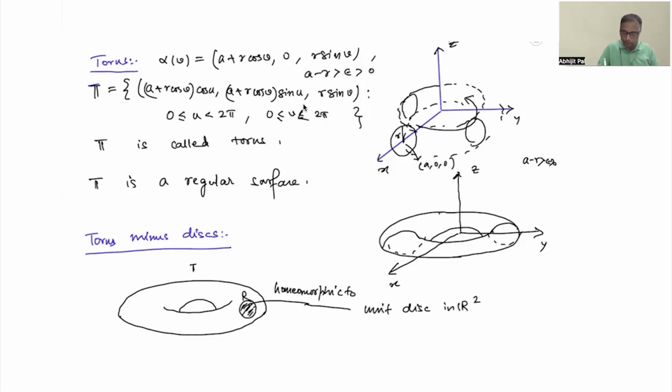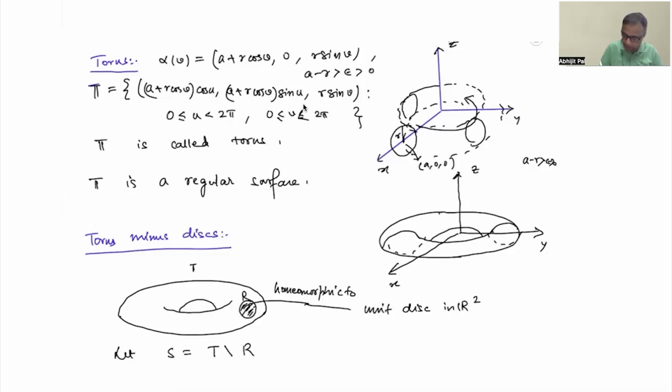Let us take S to be equal to the torus minus this R, so you're removing a closed disk from the torus.